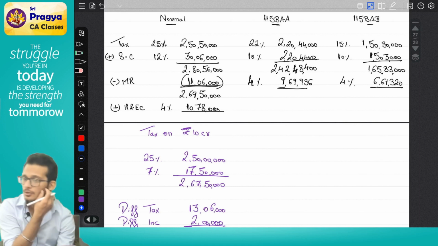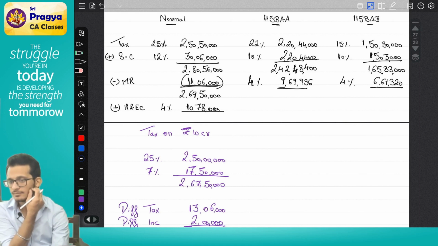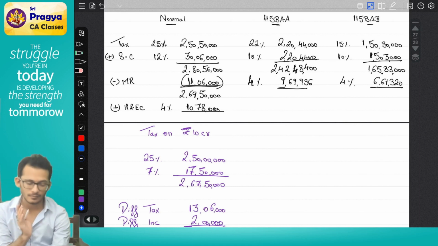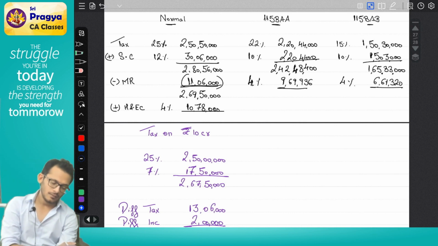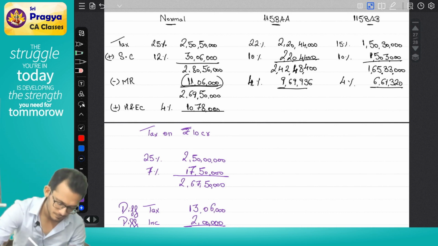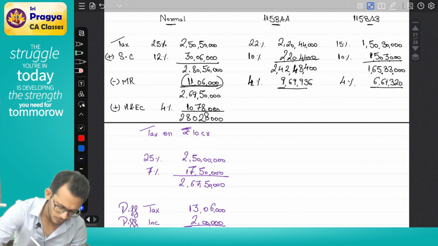Either way is fine. What number do you have? Two crore 80,28,000.